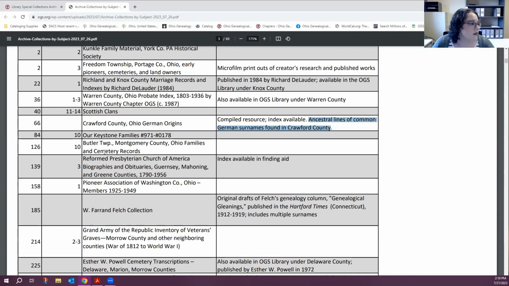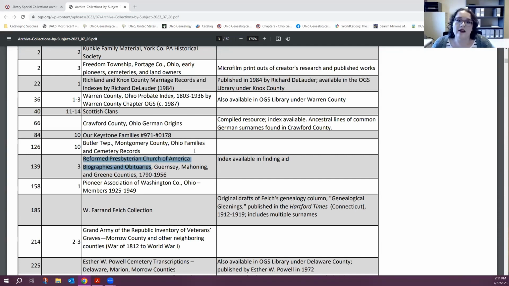Another good example of this is the Reformed Presbyterian Church of America biographies and obituaries of Guernsey, Mahoning, and Greene counties. This one is also a compiled resource, and it specifically follows members of this specific church in those 3 counties, and someone went through the county histories and the newspapers, collecting obituaries and biographies to put in this collection.